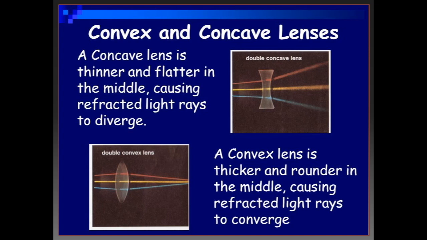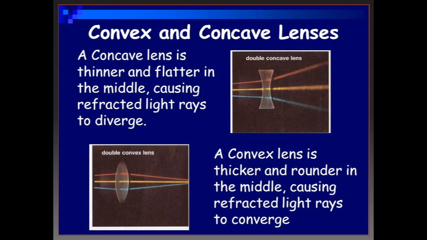A convex lens is thicker and rounder in the middle, causing refracted light rays to converge. First point: convex lens is thicker in the middle, concave lens is thinner in the middle. Second: convex converges, concave diverges, and convex produces real images.